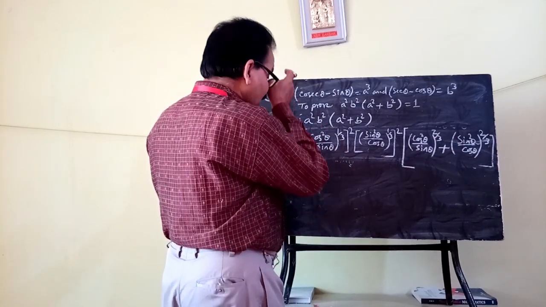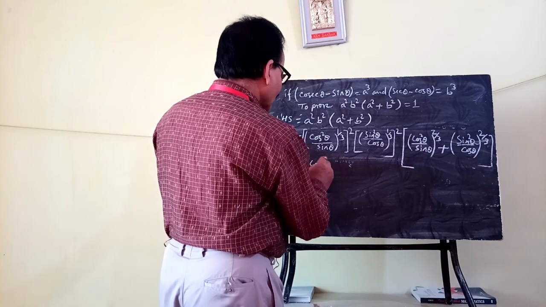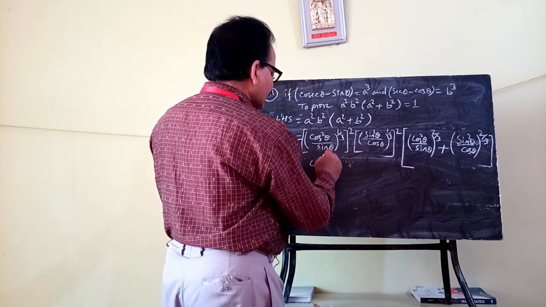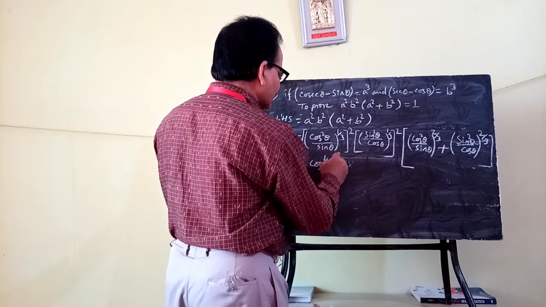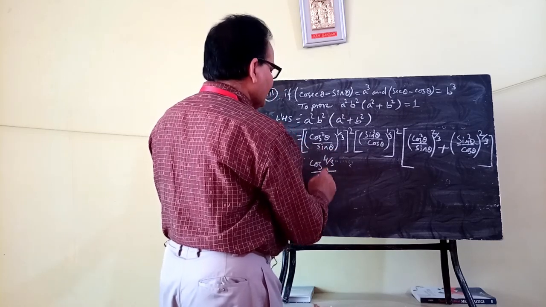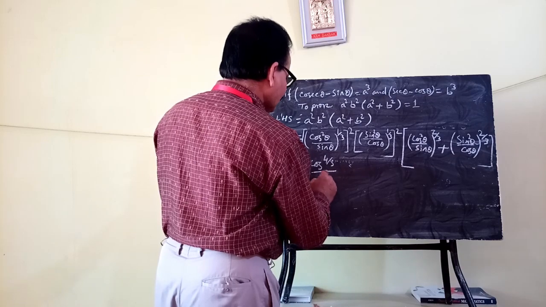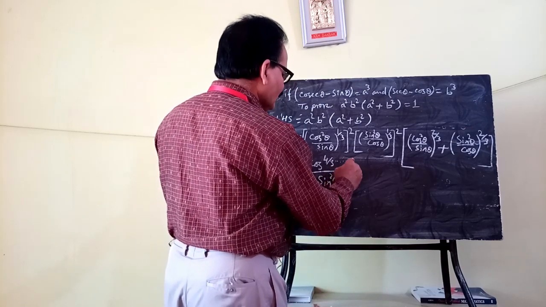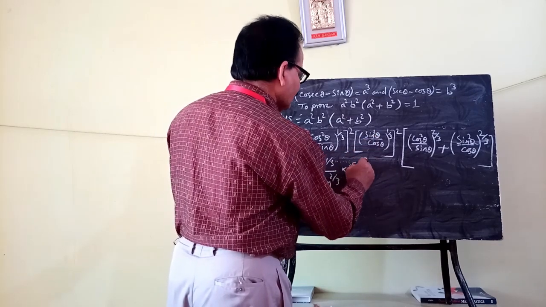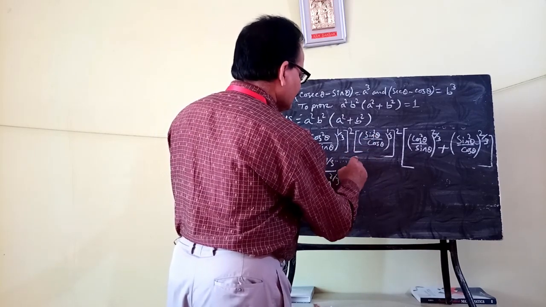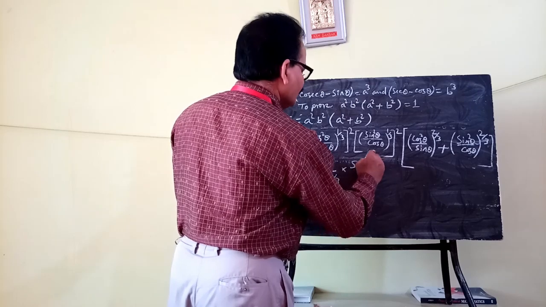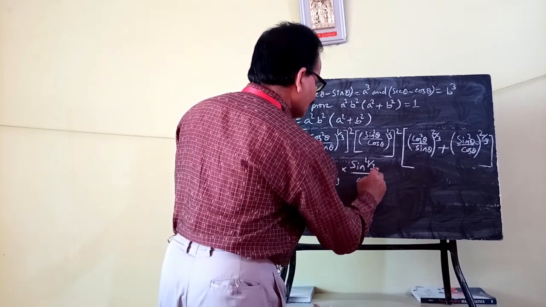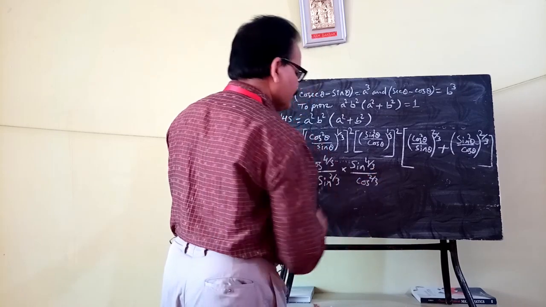This part can be written as cos to the power 2 by 3 into 2, that is cos to the power 4 by 3, and in the denominator sin to the power 2 by 3 into, similarly this part, sin to the power 4 by 3 by cos to the power 2 by 3.